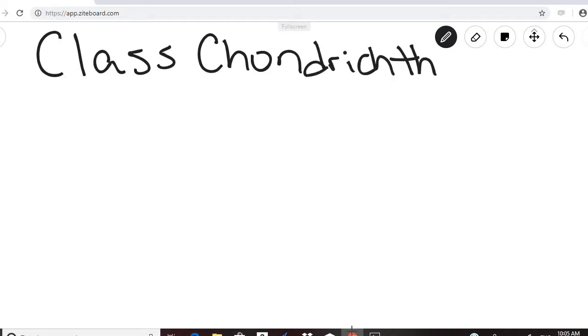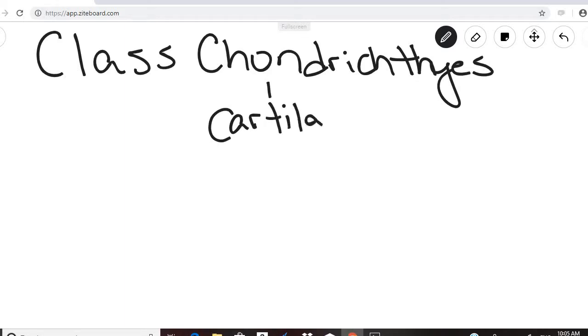And that word, chondrichthyes, means cartilage, and the word ichthys means fish. Okay, so these are fish whose skeleton is made of cartilage, so they're sometimes referred to as the cartilaginous fish.